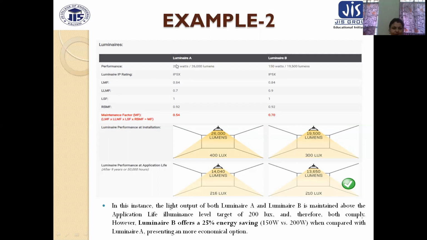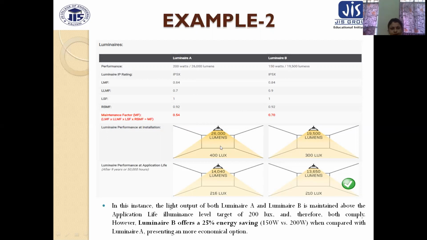LLMF for luminaire A is 0.7 and for luminaire B is 0.9. LSF equals 1 for both, and RSMF equals 0.92 for both. Now the maintenance factor MF equals LMF times LLMF times LSF times RSMF, which is 0.54 for luminaire A and 0.70 for luminaire B.